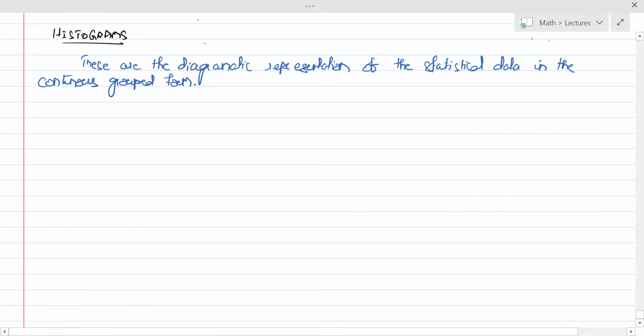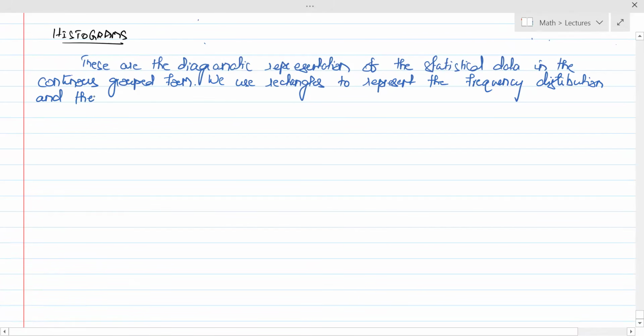And how do we represent it? We use rectangles to represent the frequency distribution and their classes.